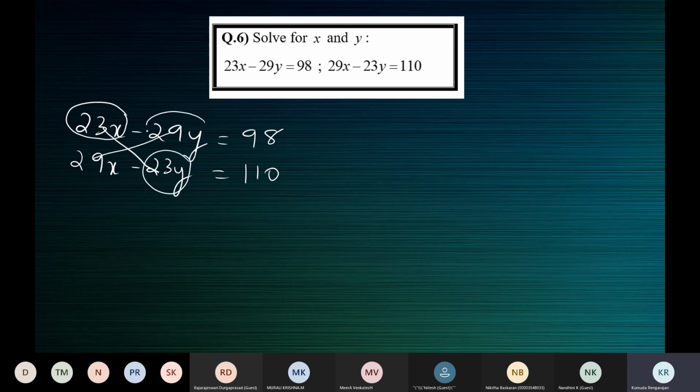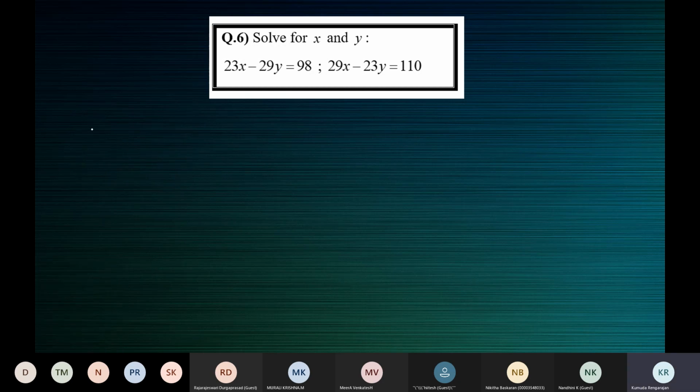The coefficient of y here is the coefficient of x here. The coefficients are exchanged.